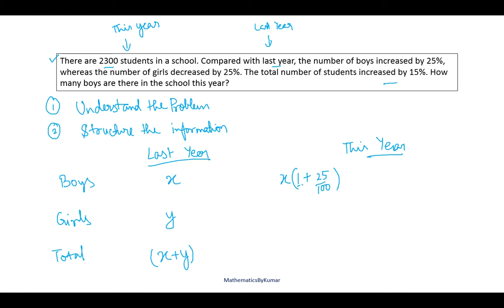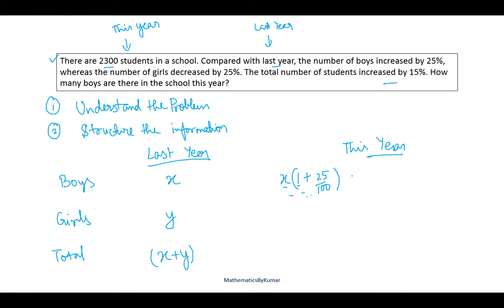So 1 just represents the starting case, how many students there were last year, and 25% is basically the fraction of the initial value that increased. So for any expression that has something increasing by a certain percentage, we'll use this kind of format. This kind of format will also be used when I have something decreasing by a certain percentage, which we'll see in the case of girls.